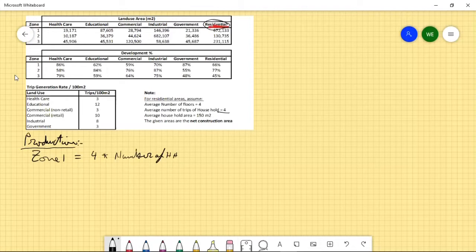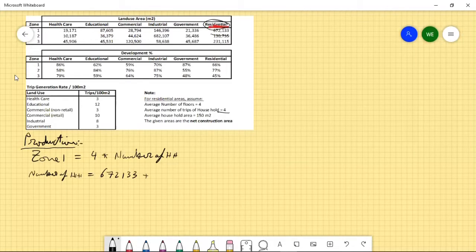So how many households can we have in that area? The number of households equals the total area, 672,133. That's the total land.